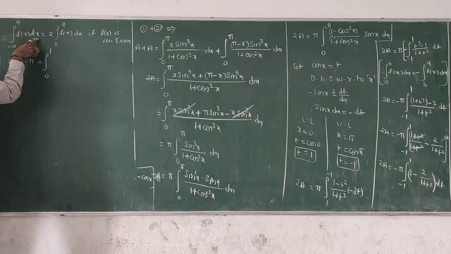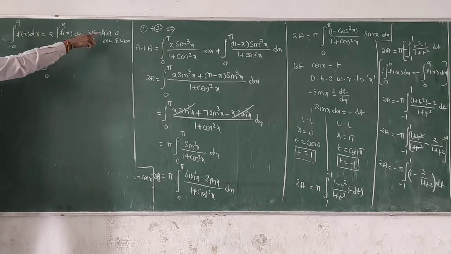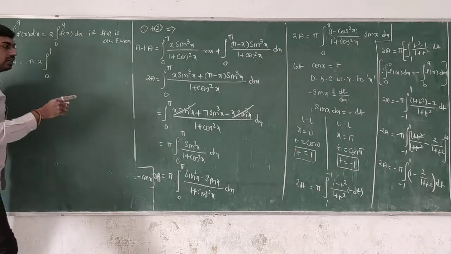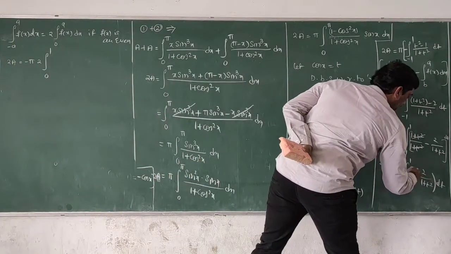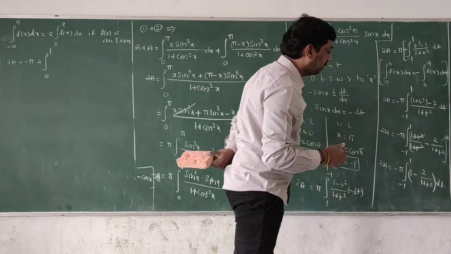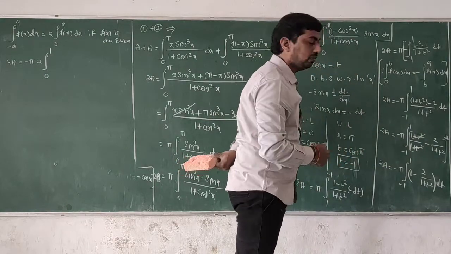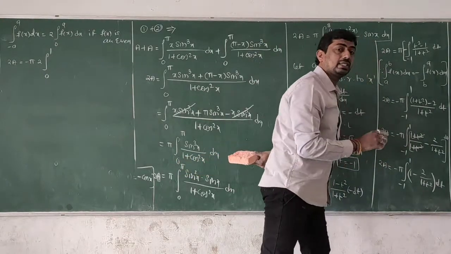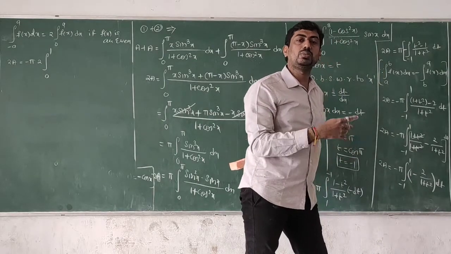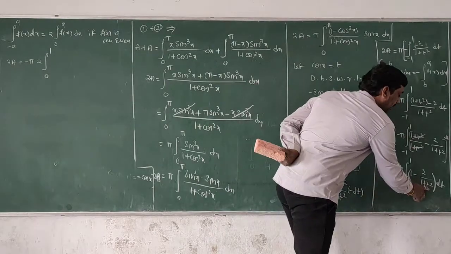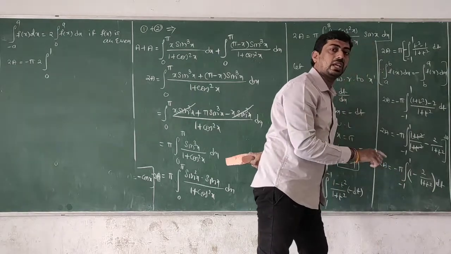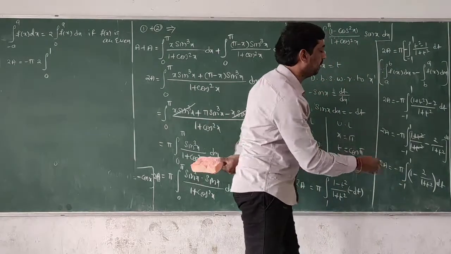Integration minus a to a f of x dx can be written as 2 into 0 to a f of x dx if f of x is an even function. Here the function is an even function. How can we know it is even? f of minus x equal to f of x, then f of x is said to be an even function. Here minus t whole square is plus t square, that's why f of minus t equal to f of t, so that is an even function.